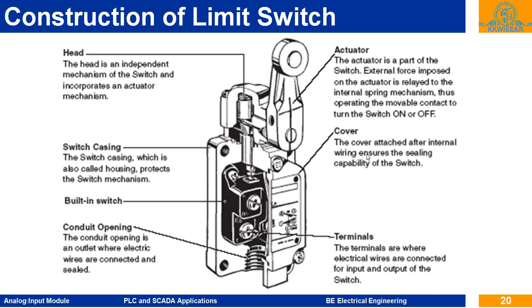Overall, on this limit switch, this cover and this head, rubber gaskets are provided, to avoid the entering of liquid or coolant inside the switch and to avoid a short circuit in the element. So the total assembly is provided with the rubber gasket.